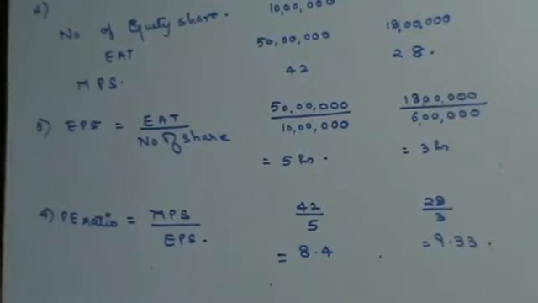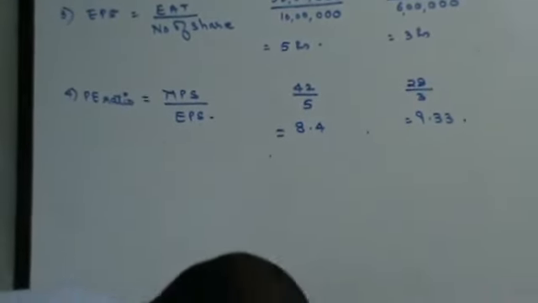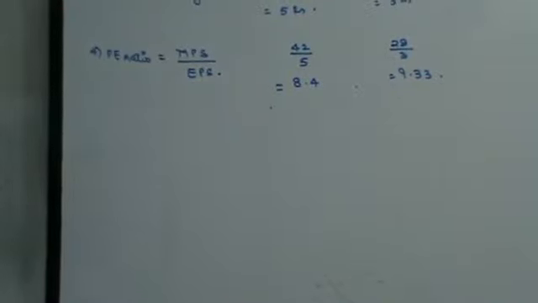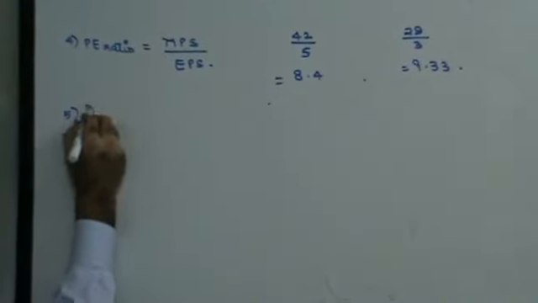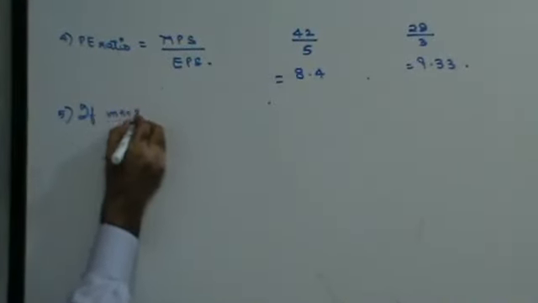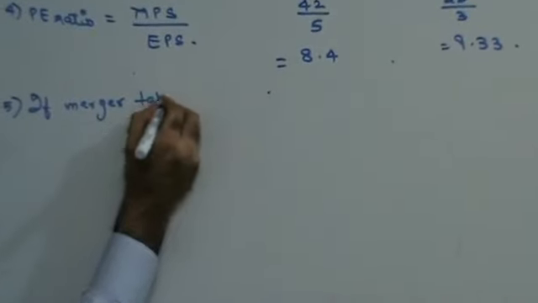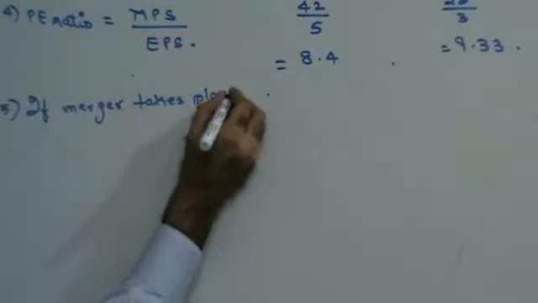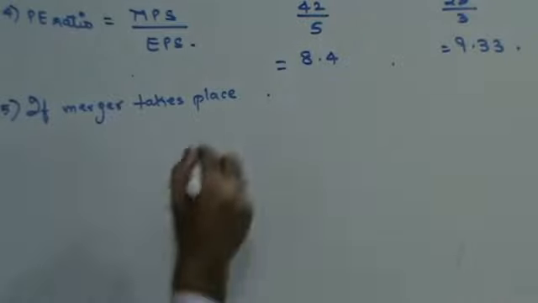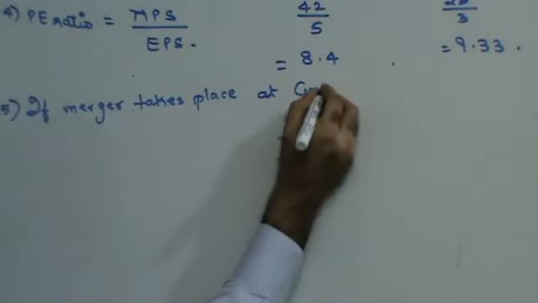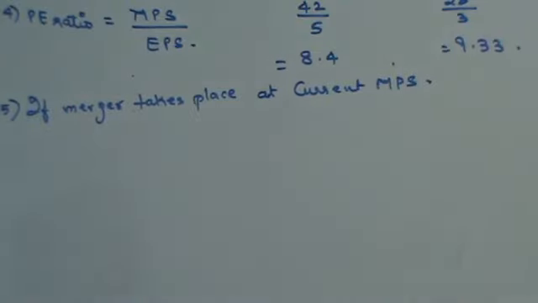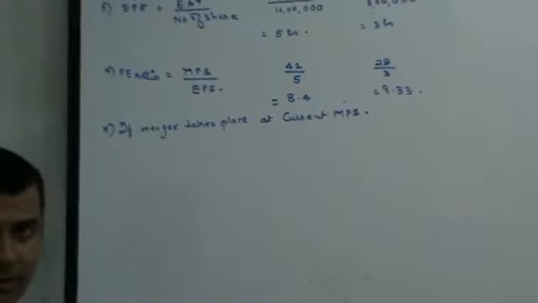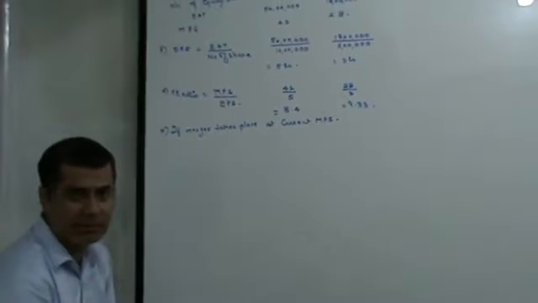Right? Once you have this, now let's consider that if the merger takes place at current MPS, let's assume that Omega Limited buys Alpha Limited at the current market price of the share.